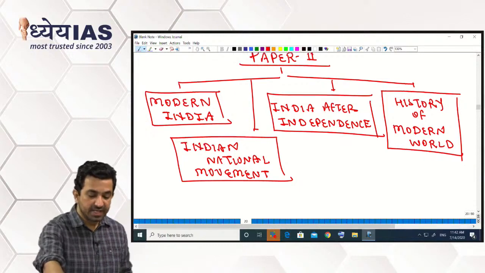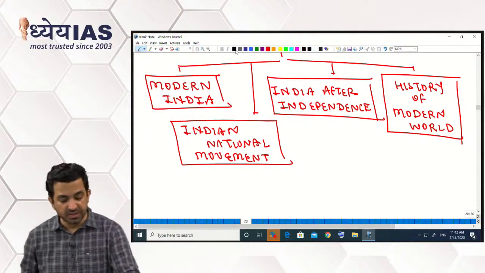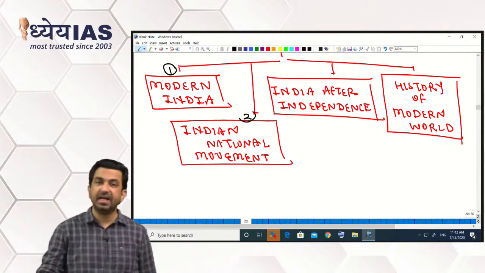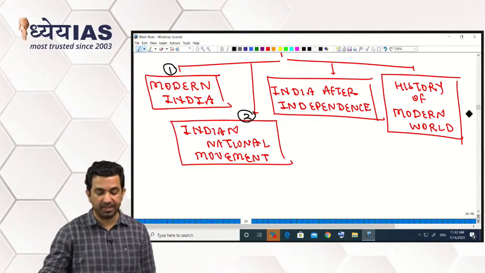Let's analyze the syllabus of the first two sections, modern India and Indian national movement.